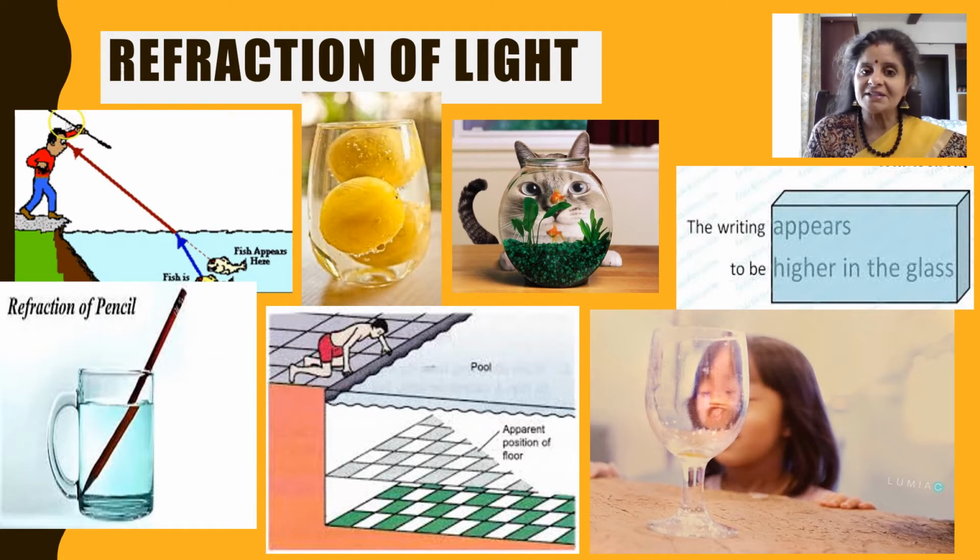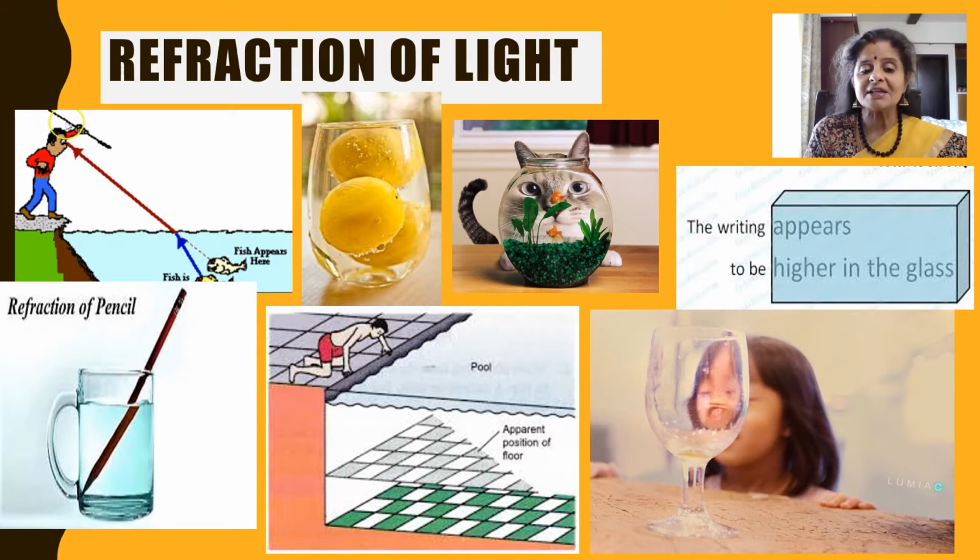Let's understand all these things. Let's take the example of a pencil, which is partly immersed in water and which appears to be displaced. The light that reaches you from the part of the pencil below the water seems to come from a different direction compared to the light that reaches you from the part above the water.